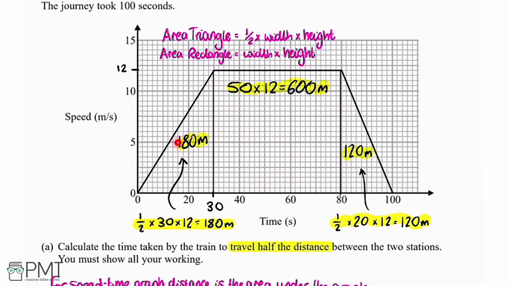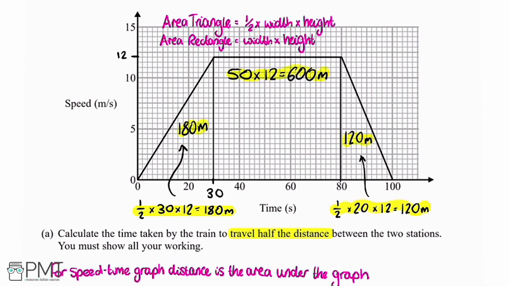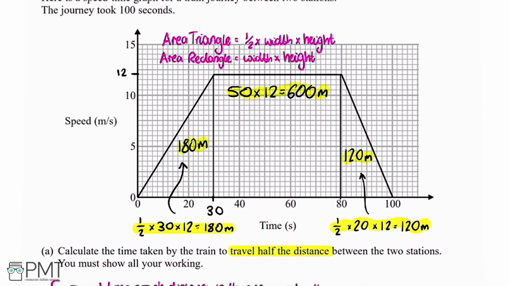Since we've gone past 180, 450 minus 180 gives us 270 meters. We need to find where along here. Just looking at the rectangle past 30 seconds, we get an area of 270. We can do that with a little bit of algebra. We don't know the width, so I'm going to call that x. But we do know the height, that's 12, because we can see it's 12 all the way along there.